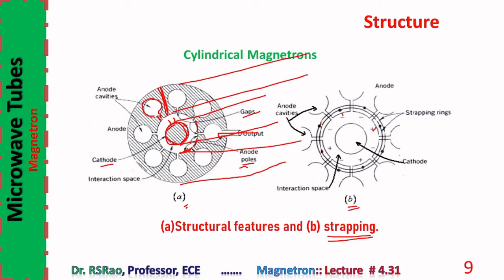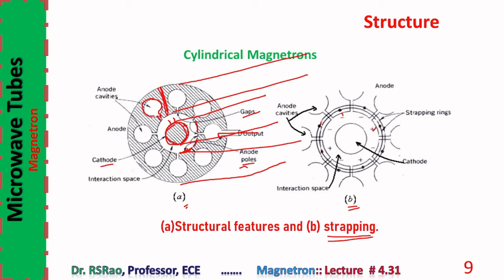Here one can see two sets of alternate poles. Connection between one set of alternate poles is provided by the inner ring, and the other set gets interconnected by the other ring. This process of providing conductive connection between alternate poles is called strapping.